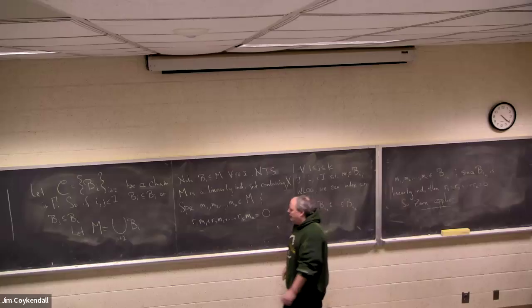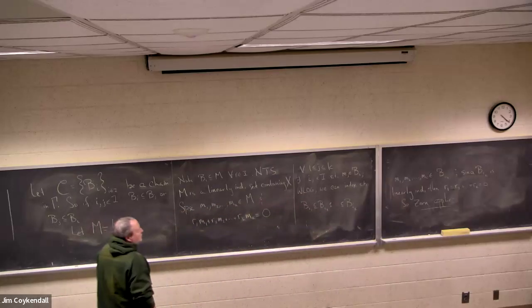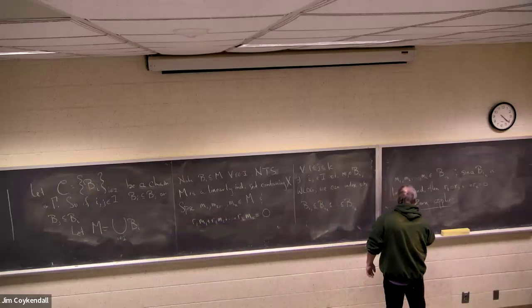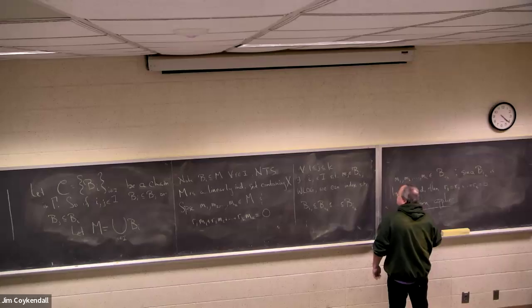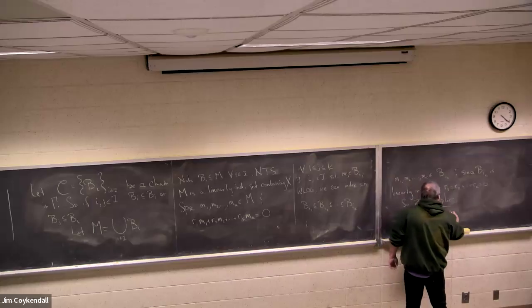That is, every chain is shown to have an upper bound. And so we can apply Zorn's lemma. Therefore, gamma has a maximal element.